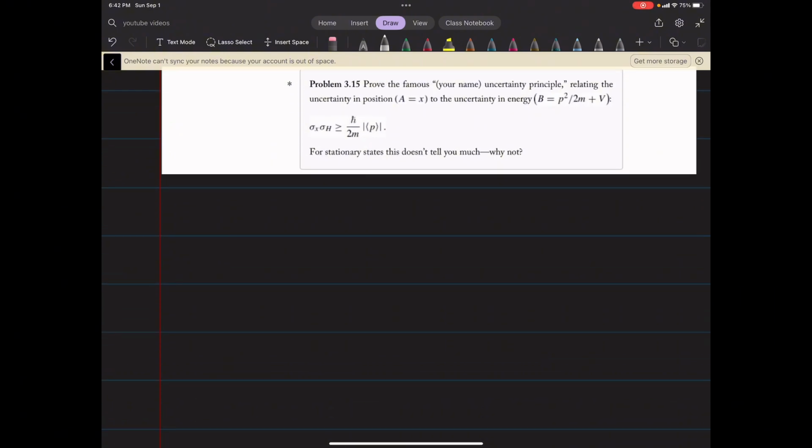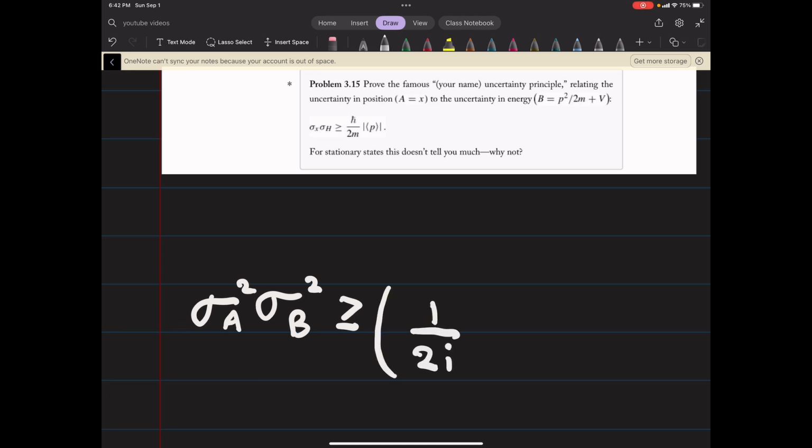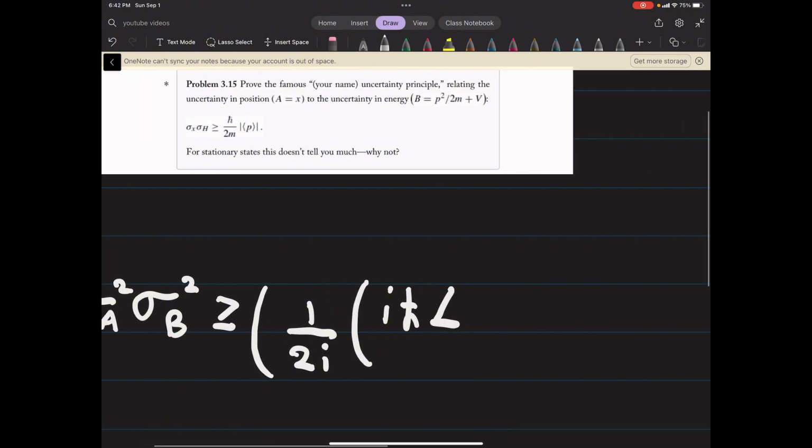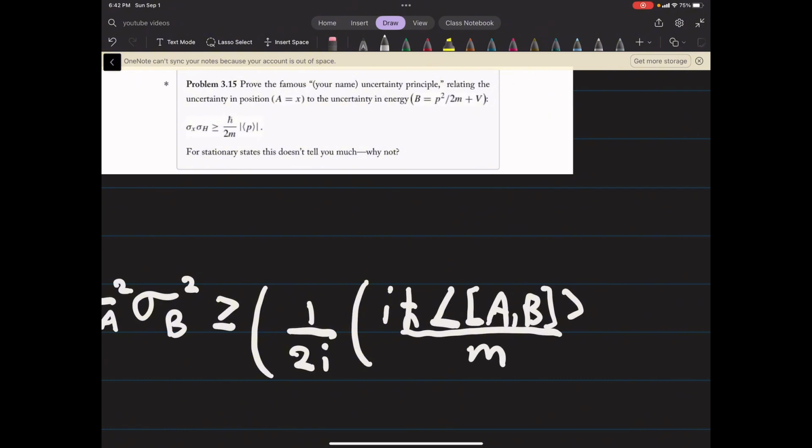So to begin with, the main equation we're going to be using is our generalized uncertainty equation, which looks something like sigma A squared sigma B squared is greater than or equal to 1 over 2i times the expectation of your commutation relation, and this is all squared.